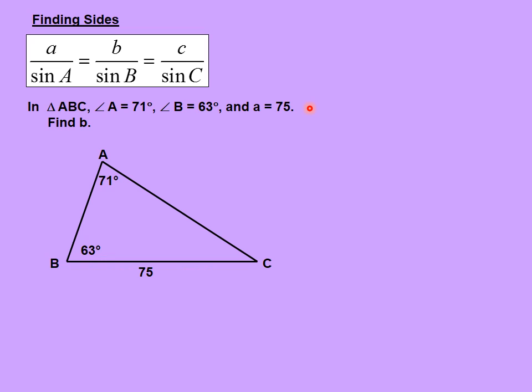Okay, so we've got all that information, and we can double check. Then it says find side B. Side B is going to be across from letter B, that's this side here. So we might as well put our letters for the rest of our sides. This is side B, and this is side C because it's opposite to big C. Okay, now we're ready to do some work.